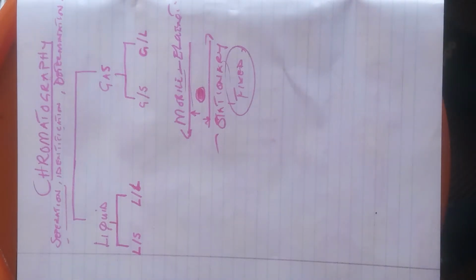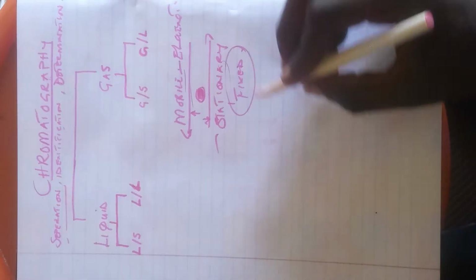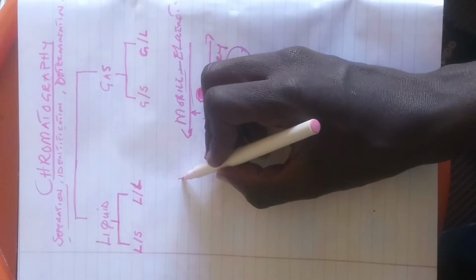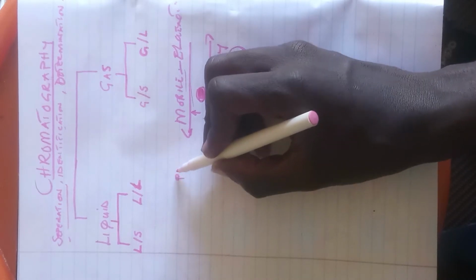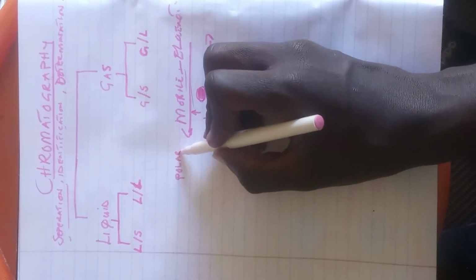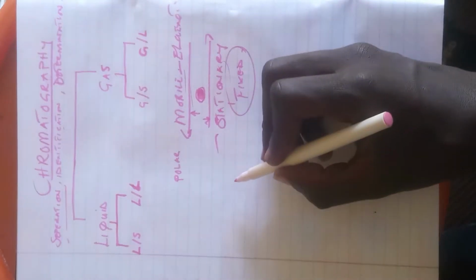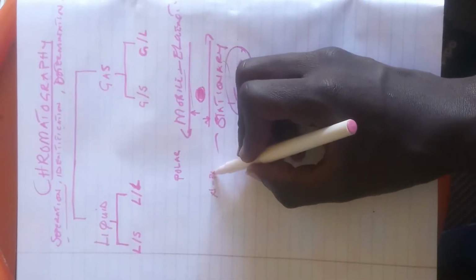I'm sure you already know this, but the mobile phase and the stationary phase are made in such a way that if the mobile phase is polar, then the stationary phase will be non-polar.